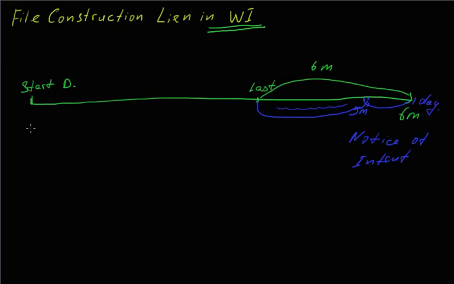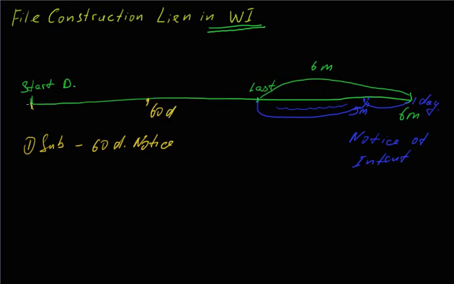Now, depending on whether you are a sub to the project, you need to serve a 60-day notice from the first day on the project site. So from the first day, you have 60 days.